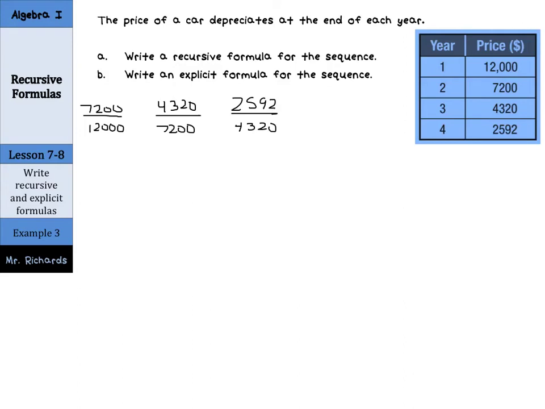When I divide, these all simplify into 0.6, which means I have a common ratio of 0.6, which makes this a geometric sequence.